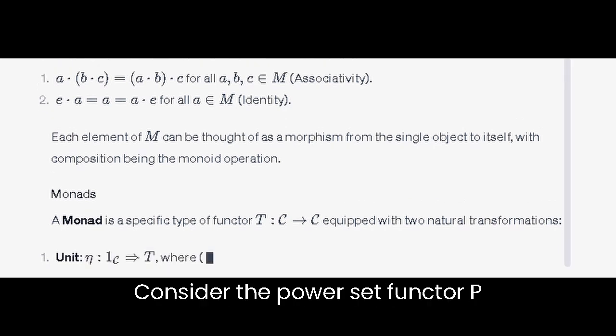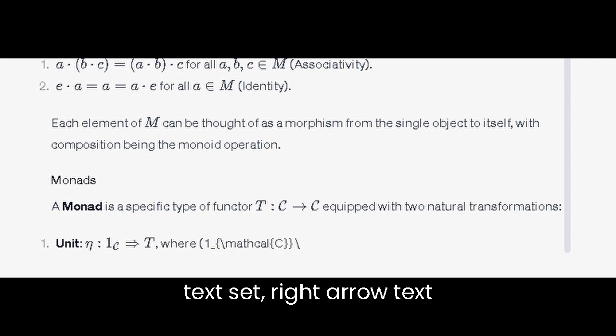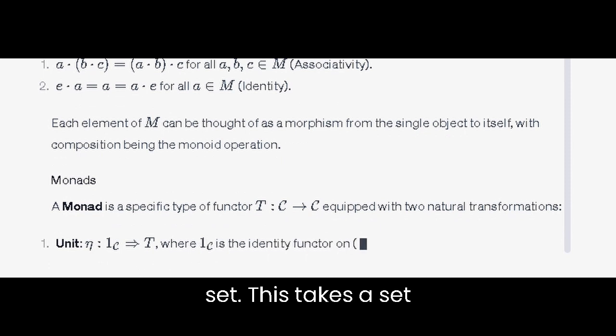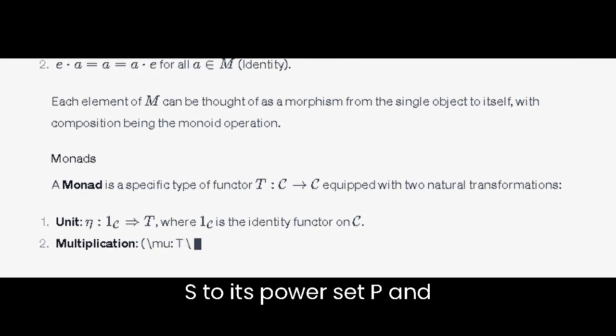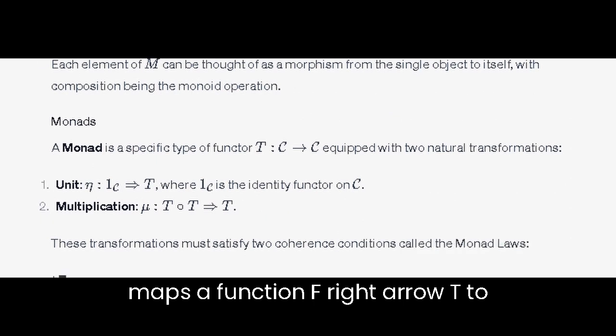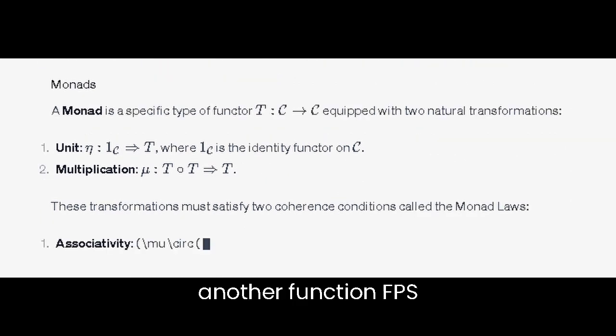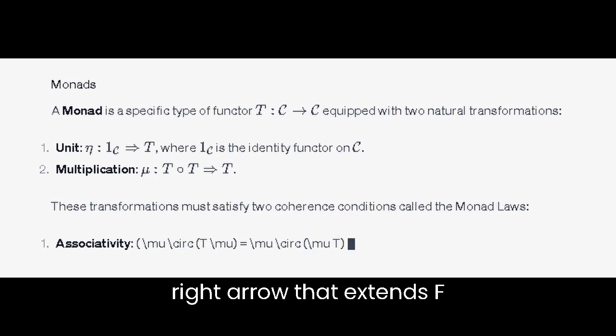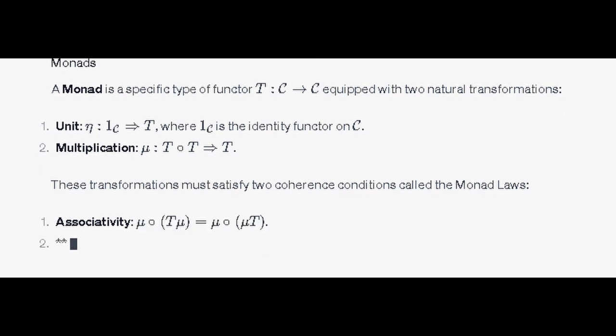Consider the power set functor P: \text{Set} → \text{Set}. This takes a set S to its power set P(S) and maps a function f: S → T to another function P(f): P(S) → P(T) that extends f into the realm of power sets.